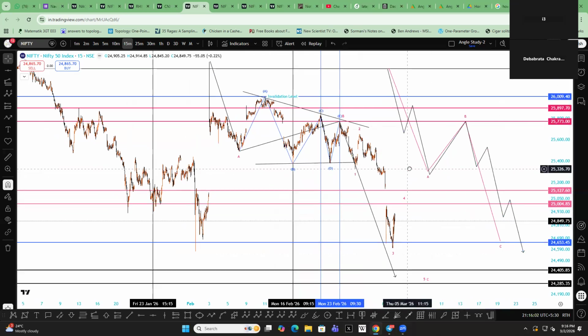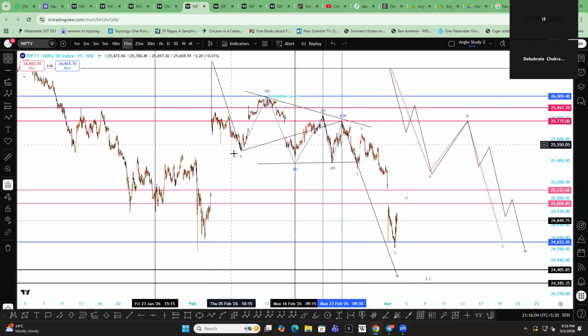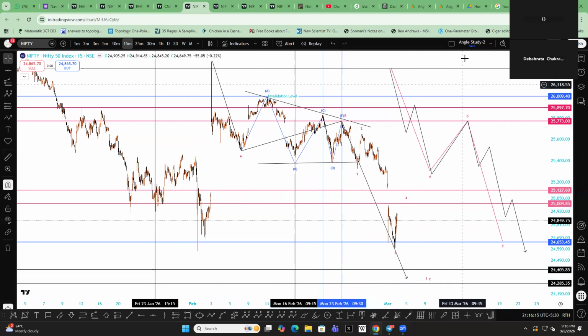Okay, so it may happen, the first probability, that the correction may be over in this zone, and we will start a fresh wave 3 move of this wave 5. This is the first probability.